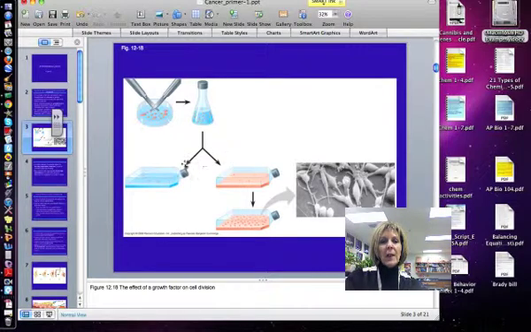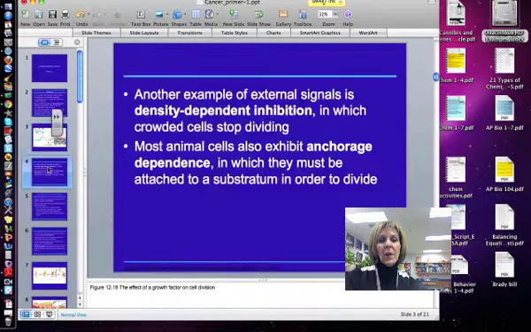If you have some cells on a petri dish in some medium that has nutrients and special things to make it grow, and you don't have this particular PDGF growth factor, the cells do not grow. But if you do have it, and it's this pretty gold color, then your cells do divide. So we know that that works in vitro.